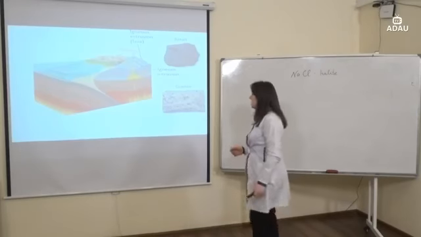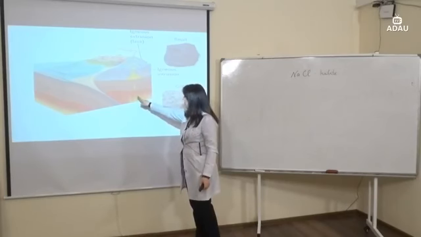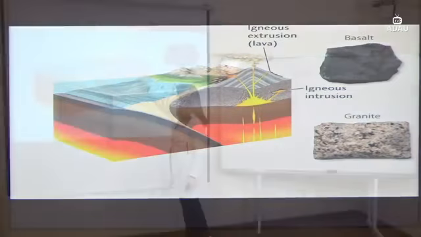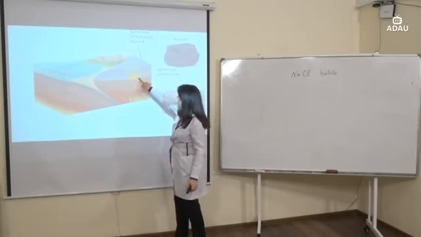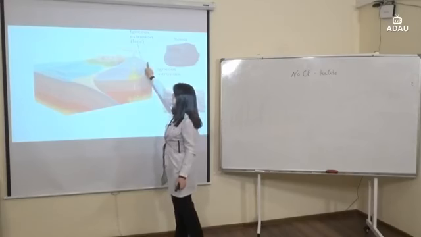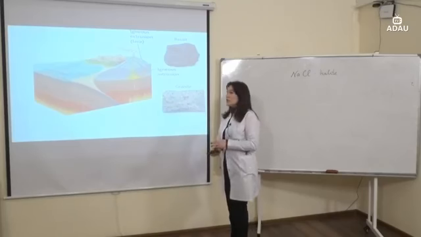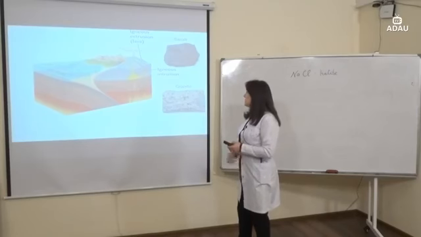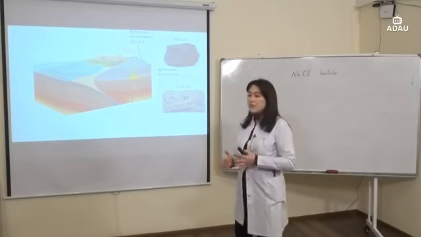Here we can easily see the volcanic process going from the magma in the mantle. The solidification process happens beneath the Earth's surface, and also outside on the Earth's surface. From this process, the two types of igneous rocks differ from each other. Their structure and texture differ from each other.